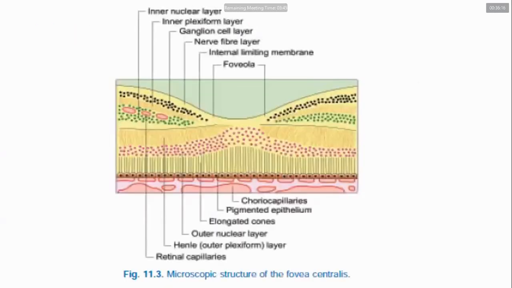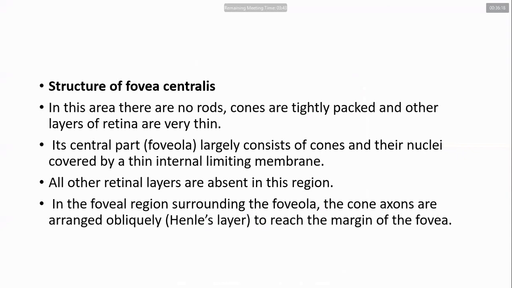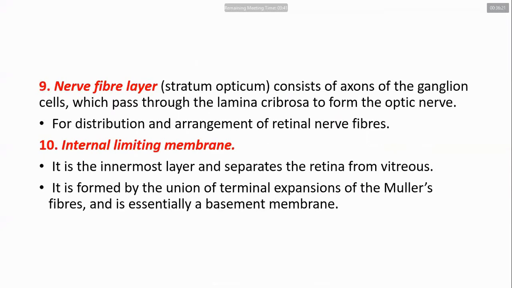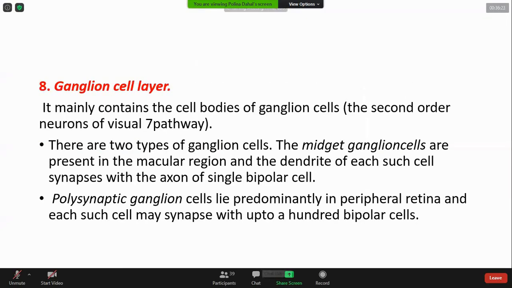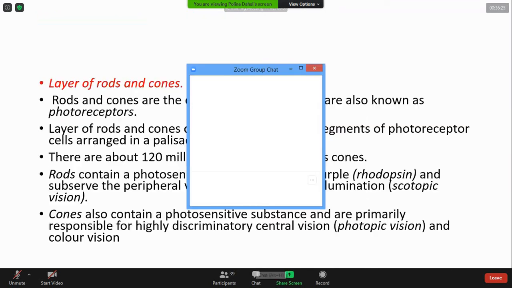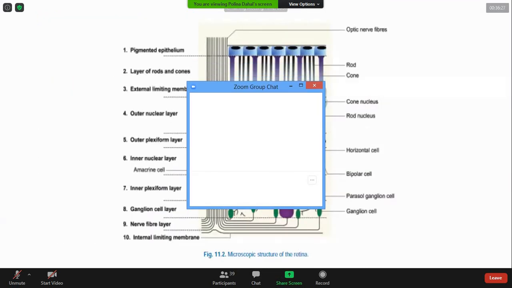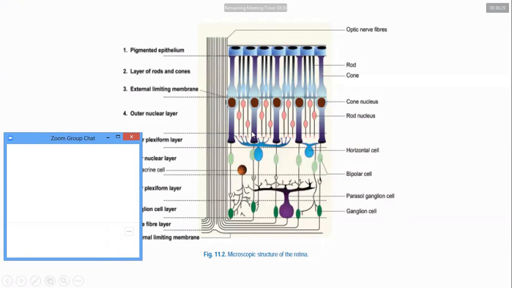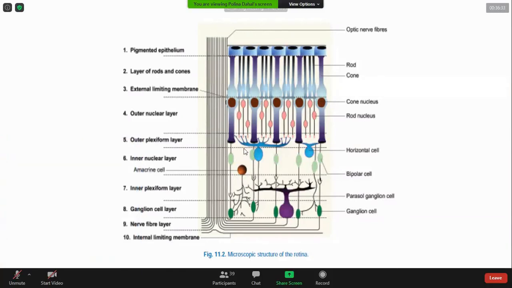So any questions regarding this up till now, the anatomy of the retina? Because it is very important and you have to practice this picture, because this picture will give you so many ideas about the 10 layers. You can write by yourself if you know this picture.